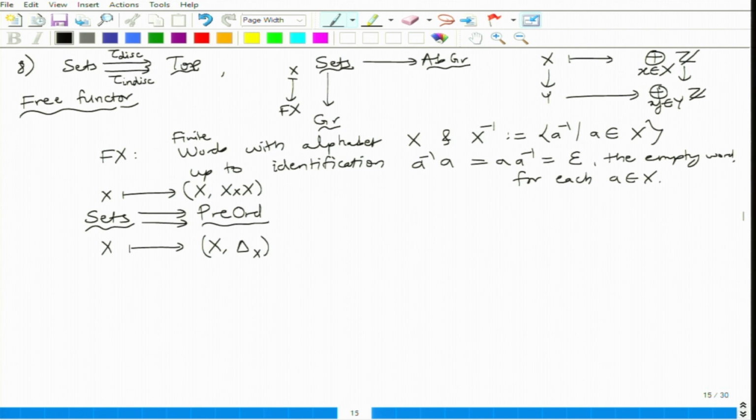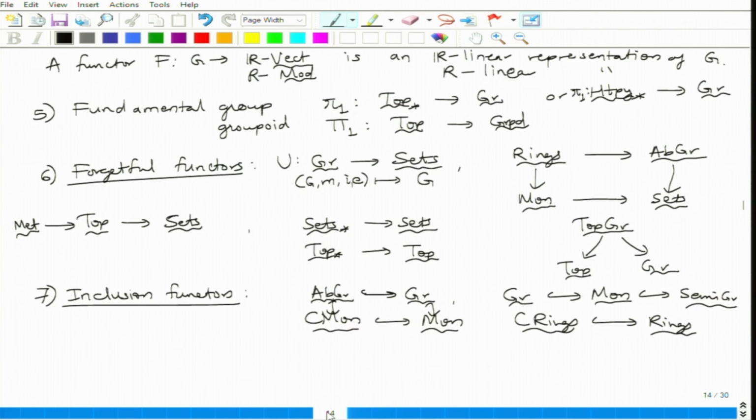Can you do the same thing with posets also, like a set mapping to posets? X to delta X is a poset, correct. So in fact I should add one more example, posets and preorders.